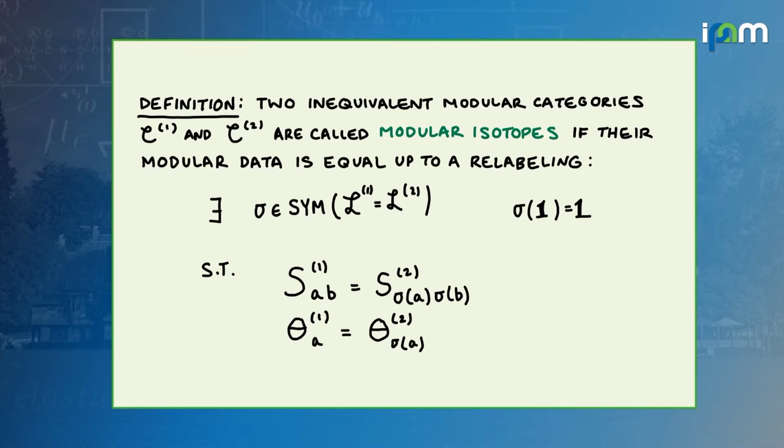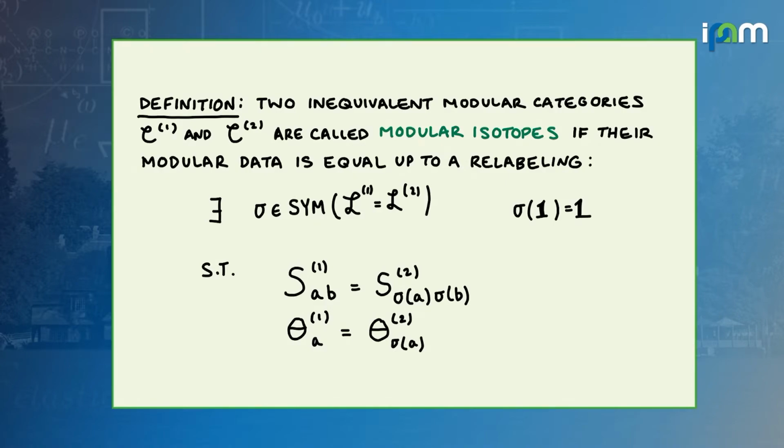So what that means is, maybe we start out with different names for the topological charges, but we're just going to relabel them so that the things on one side appear on the other. So you might say their label sets are the same. They don't have to be ordered the same, so this is an equality of sets and not ordered sets, like we sometimes like to think about the label set as.